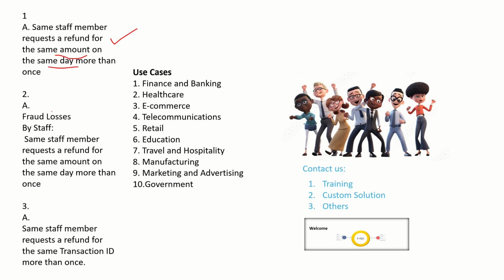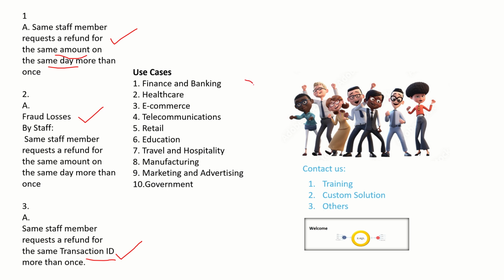Number two, we were able to get the fraud losses, the value of those losses of this particular number one. Wonderful. Then number three, same staff member requests a refund for the same transaction ID. Hope you can see how staff can be smart, customers can be smart, but ESQL is here to help you.